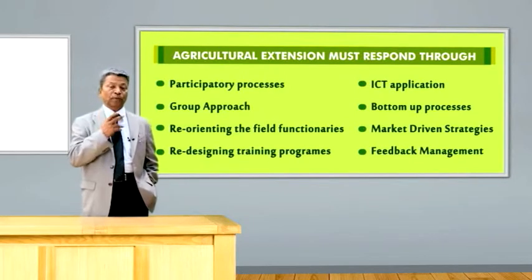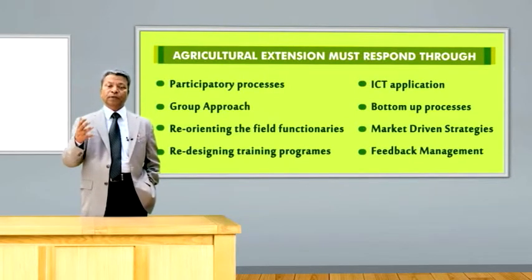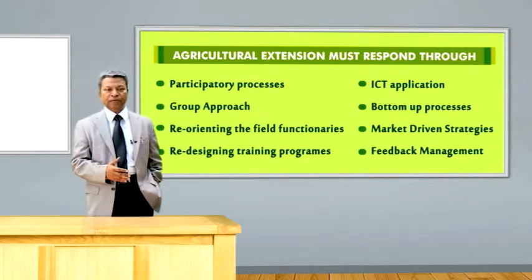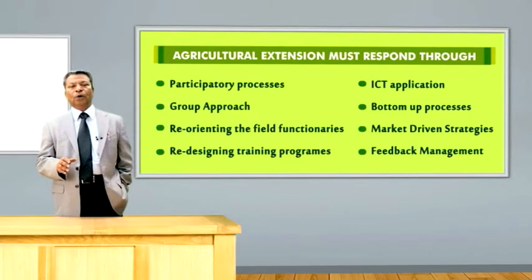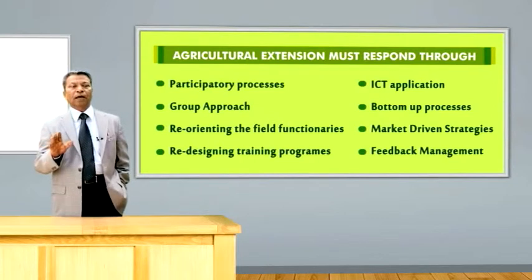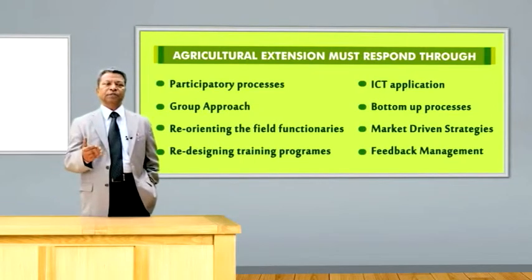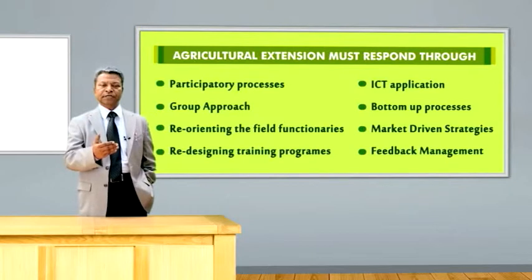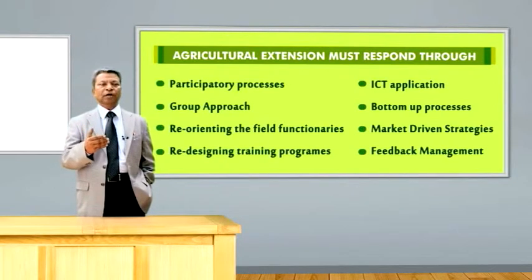We must also promote the bottom-up participatory processes so that there is participation of the beneficiaries in the development programs. We must promote market-driven strategies, and the feedback coming from the farmers, from the field extension functionaries, from the research scientists will have to be taken care of.